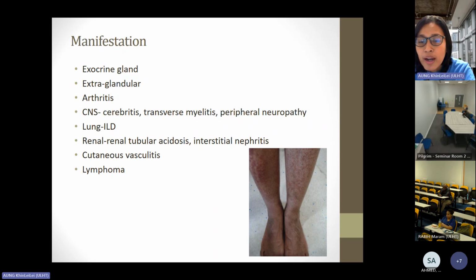Patient has a history of dry eye and dry mouth, presenting with severe hypokalemia. Sometimes you need to think about Sjogren's syndrome with renal tubular acidosis. Interstitial nephritis, cutaneous vasculitis. This is the picture showing cutaneous vasculitis. There is a chance of lymphoma because Sjogren's syndrome affects the B cell. Sometimes the patient can present with lymphoma.